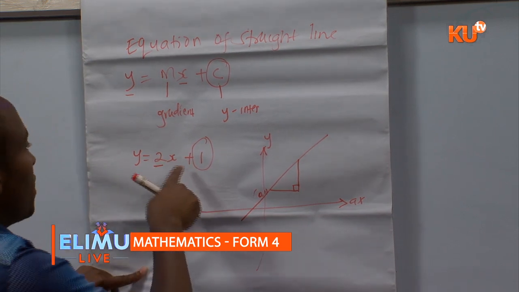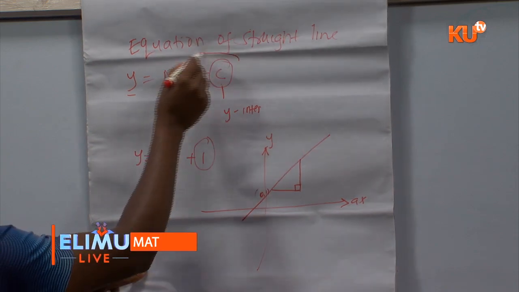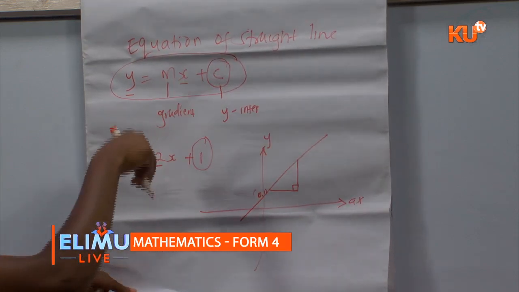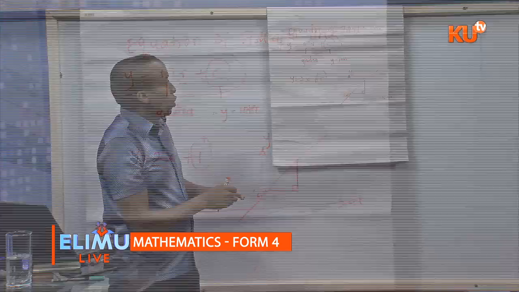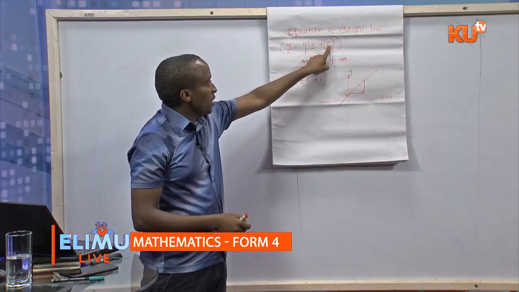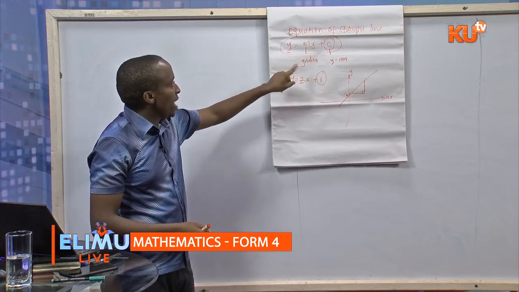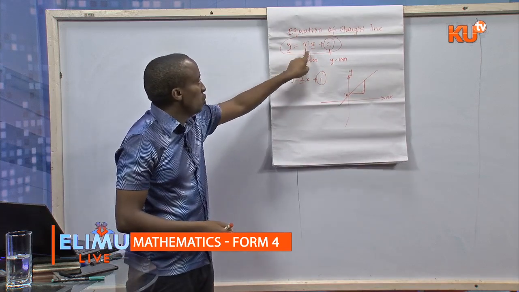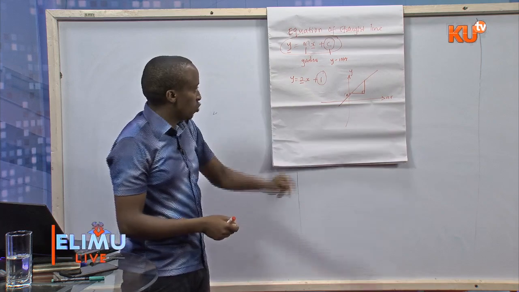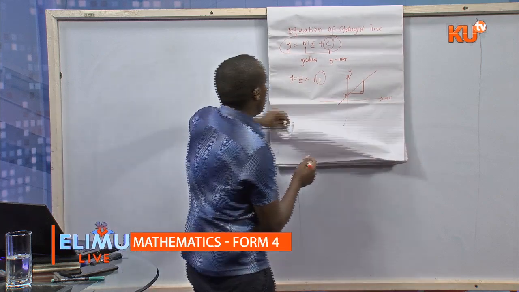So, having this knowledge in our mind now, let us do another example to know the meaning of our c, which is the y-intercept, and how we are able to identify the gradient given the equation.